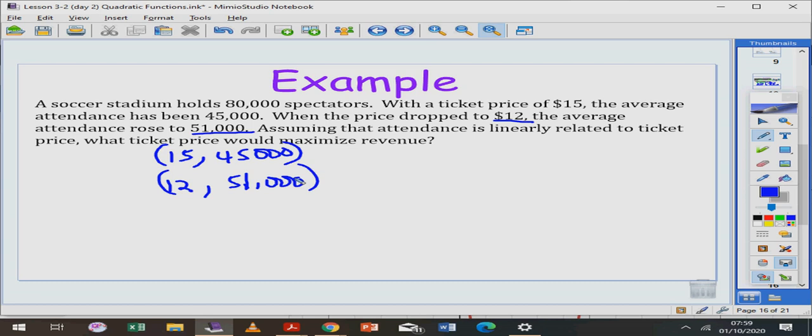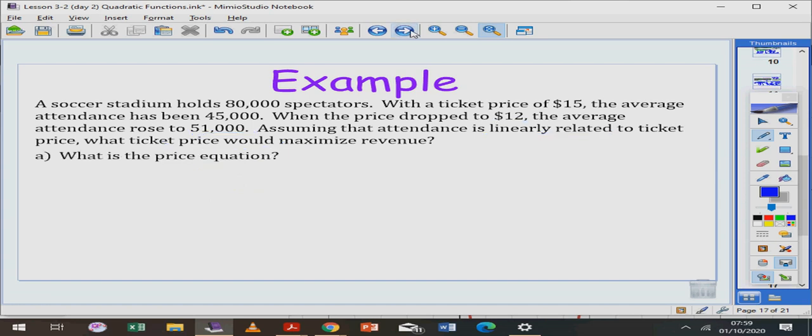So before I even look at maximizing the revenue, I want to first figure out what the price equation is. So just like I wrote earlier, I have two data points, 15, 45,000, and then I have 12 and 51,000. So I'm going to find the slope of this line. After finding the slope, I'll find the equation of the function of the line that goes through these 2 points. I hope you remember how to do that.